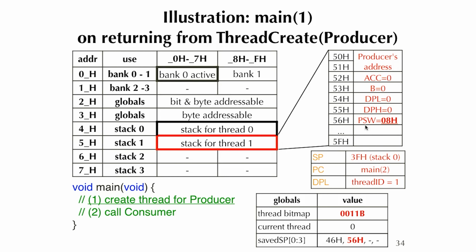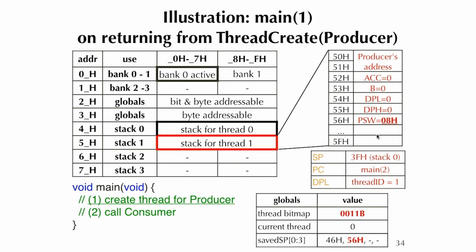Now in binary encoding, 0 is 0,0 and 1 is 0,1. That means bit 3 should be set to 1 and bit 4 should be set to 0. In hex, if bit 3 is 1, that's 8 hex, and the upper half byte is 0. So 08 as a bit pattern selects register bank 1. And the rest you don't have anything.